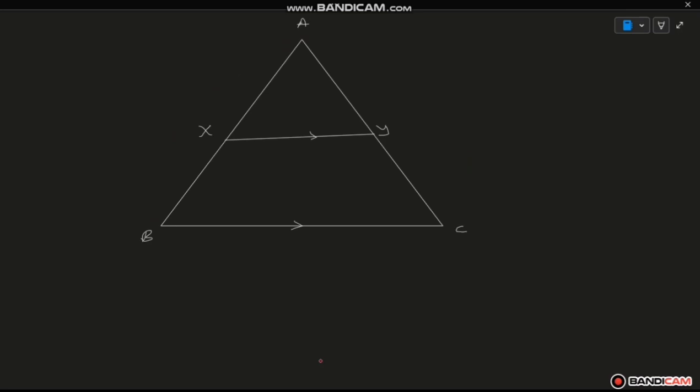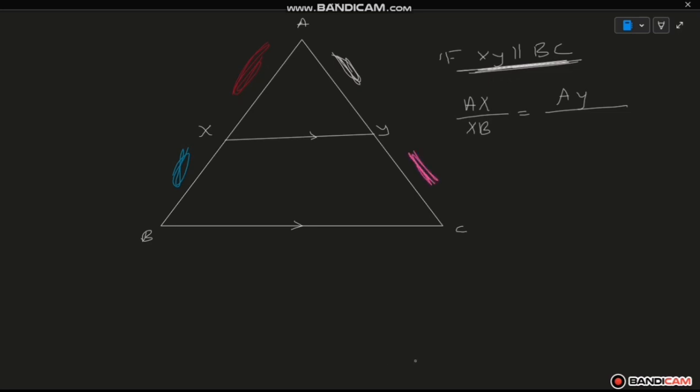Meaning that if XY is parallel to BC, what you must know is that AX over BX, this is BX or XB, will be equal to AY over YC.